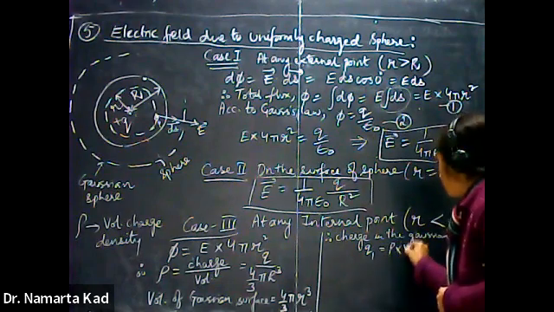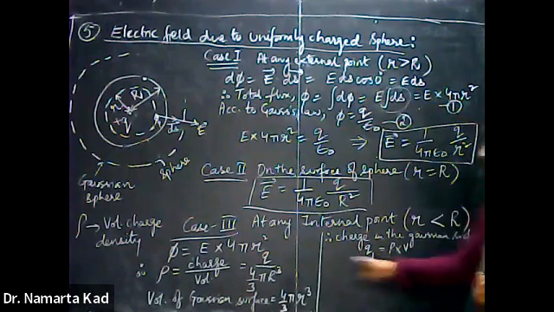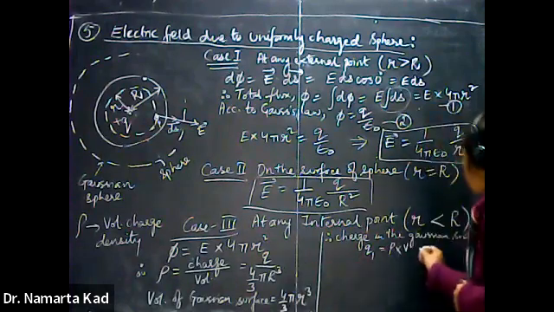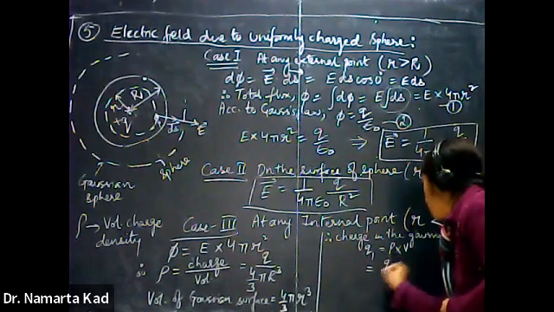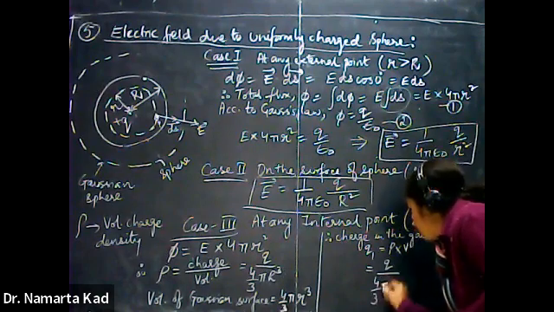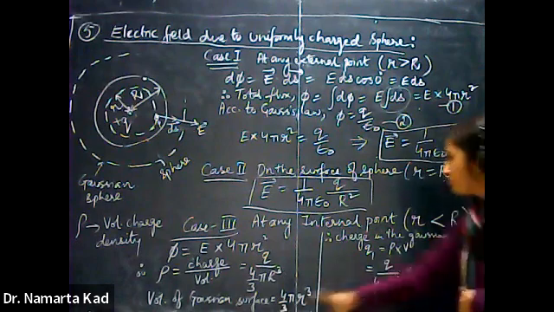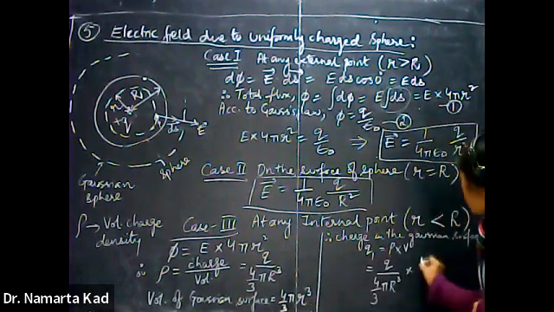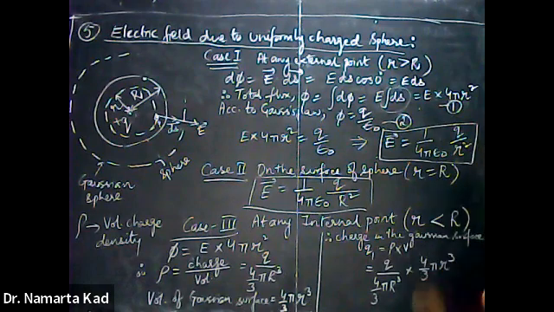So the charge in the Gaussian surface is Q1, and this is equal to rho into volume. Now what is rho? That is the volume charge density, this much. So this is further equal to Q divided by 4 by 3 pi capital R cube, times the volume of the Gaussian surface, that is 4 by 3 pi small r cube.